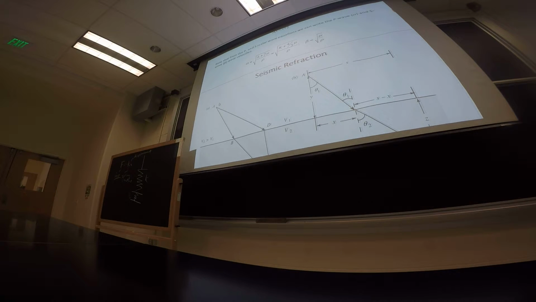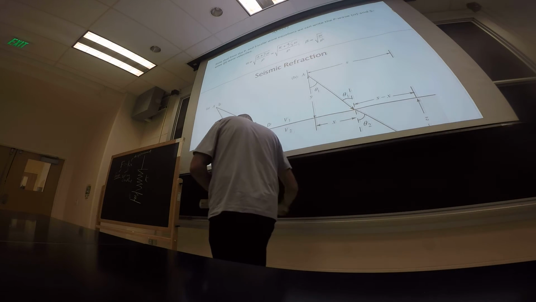Now, let's think about this a little bit more. If we think about F equals kx there, right? Let's say that K, the spring stiffness, is proportional to the shear velocity. So let's think about this equation right here.